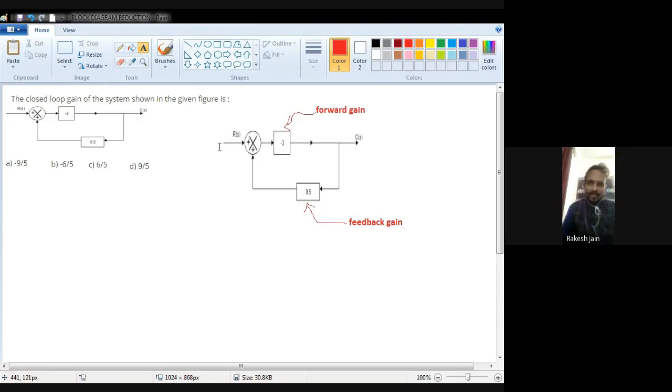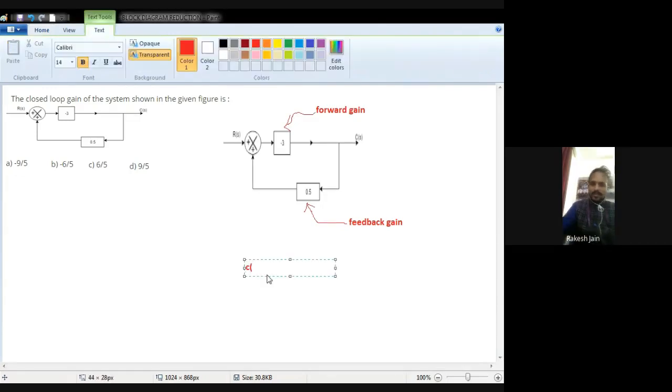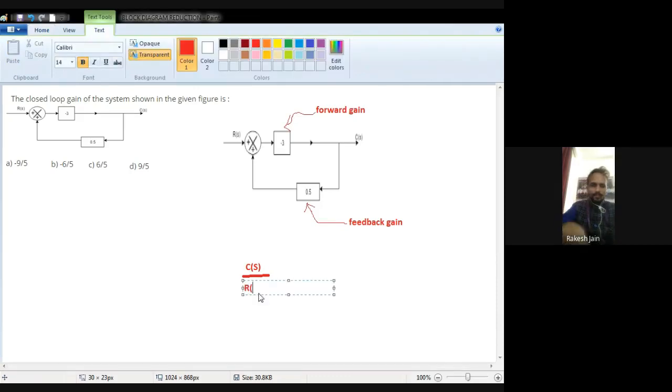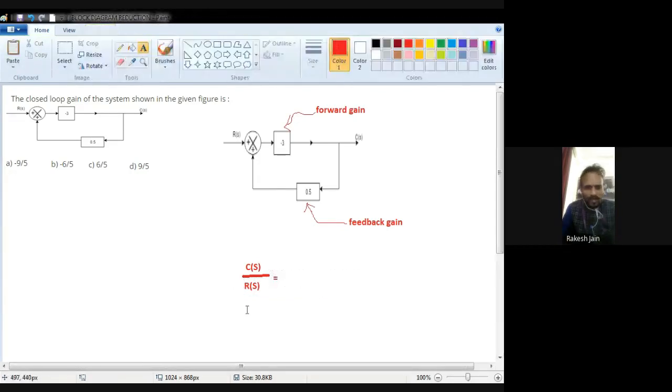We have to find out the transfer function, and we know the formula for the transfer function CS upon RS. So see, CS upon RS is equal to forward gain upon 1 plus or minus forward gain into feedback gain.